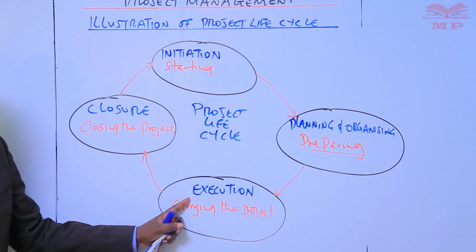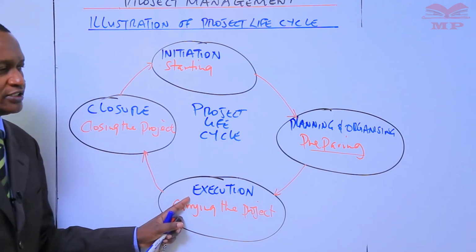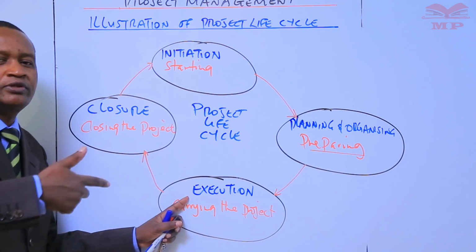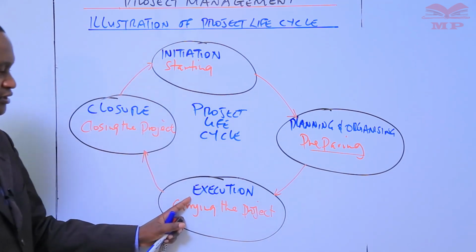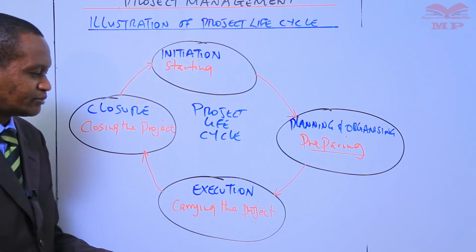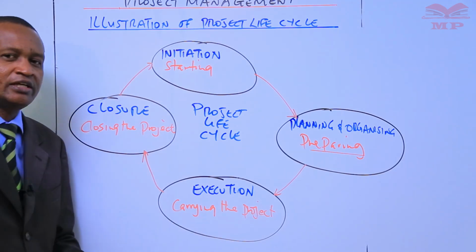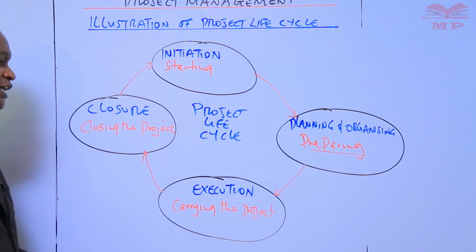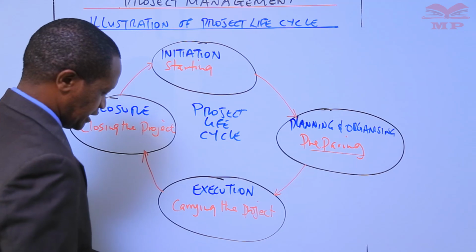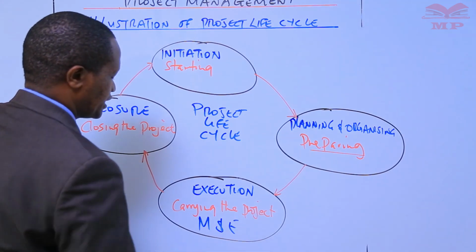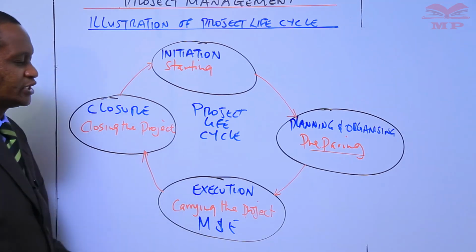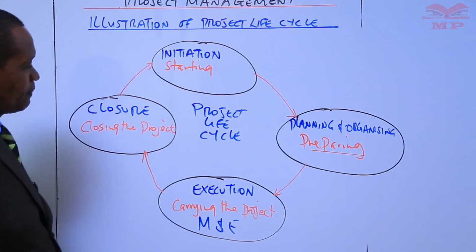So there has to be constant vigilance, which will help to keep the project moving ahead smoothly. So execution, I've said, sometimes is carried out hand in hand with the project monitoring and evaluation. Monitoring and evaluation is carried out as the project is executed.